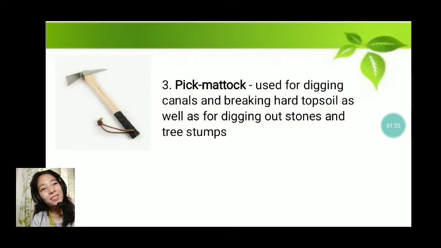And then we have the pick mattock. What is a pick mattock? A pick mattock is used for digging canals and breaking hard topsoils as well as for digging out stones and tree stumps. Look at the picture. This is how the pick mattock looks like.